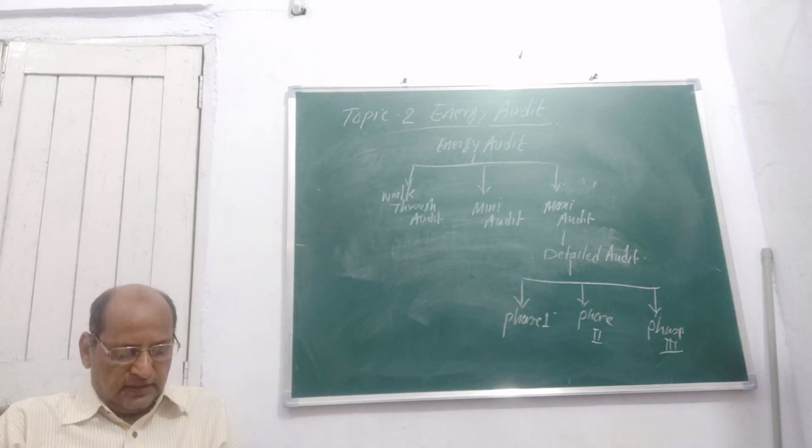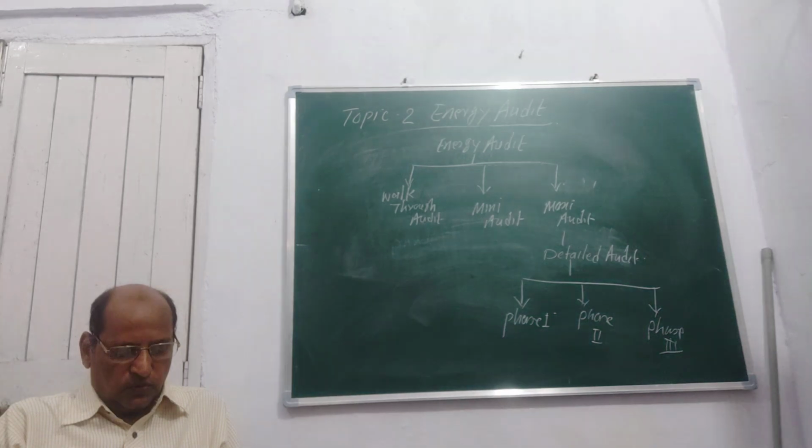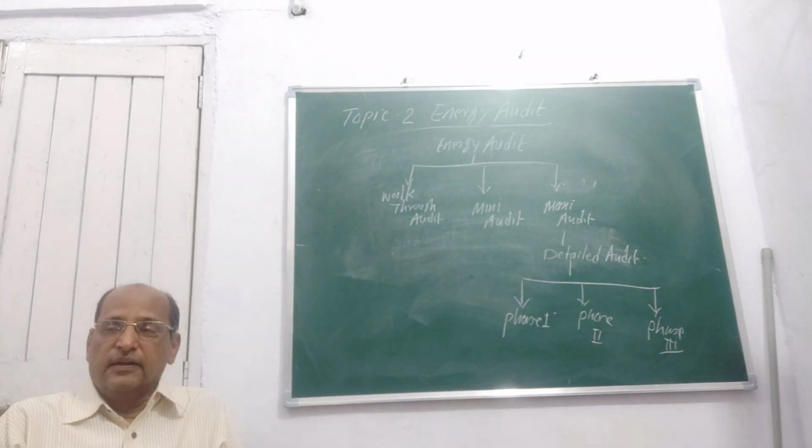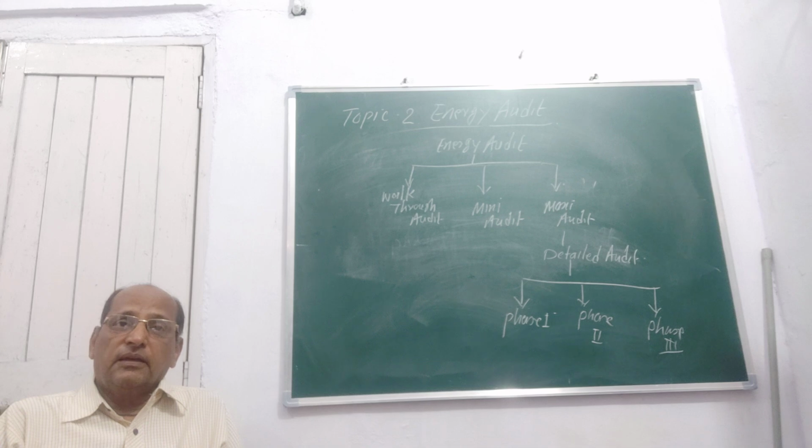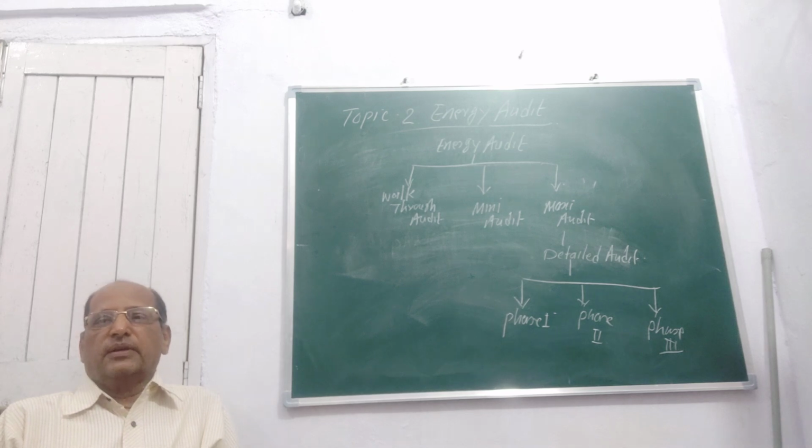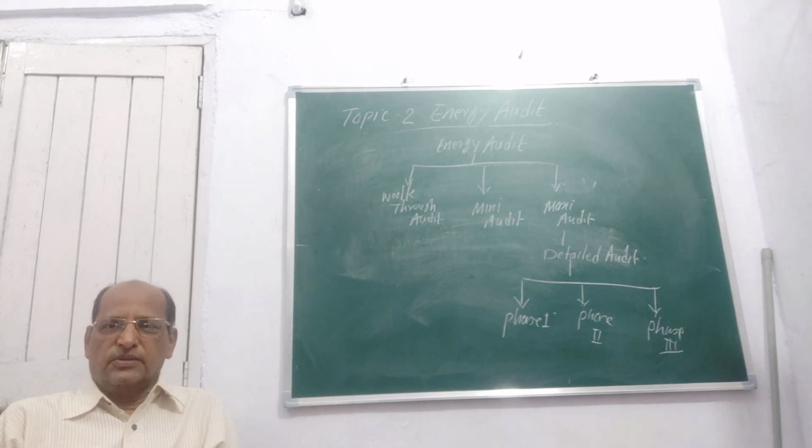Then the next point is to establish output-input performance standards. It means that first we calculate the standard consumption according to the rating of the machine. What is the rating of the machine? Say, for example, a motor of 5 HP is there.